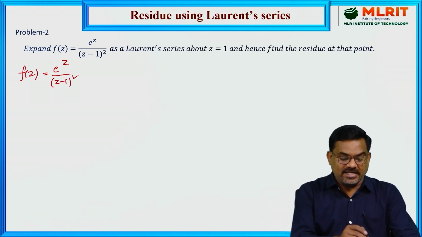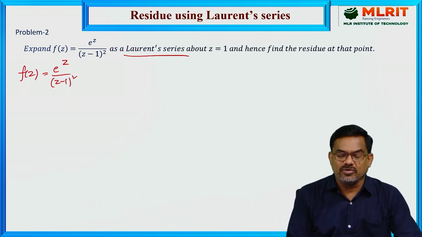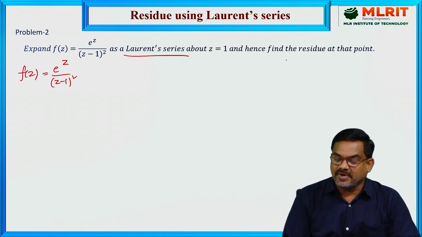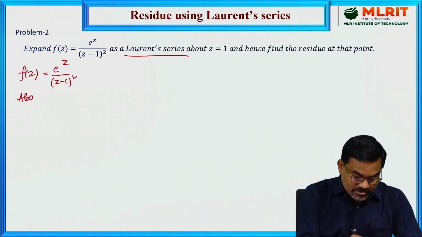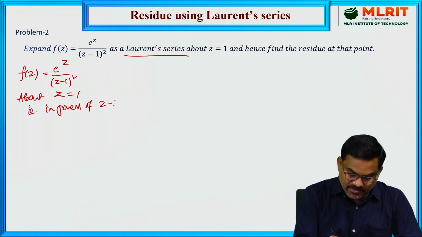Coming to the next problem, here f of z is e power z by z minus 1 whole square. First expand this as a Laurent series about z equal to 1 and hence find the residue at that point. So about z equal to 1, that is in powers of z minus 1.